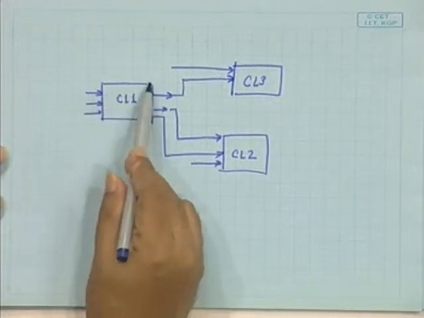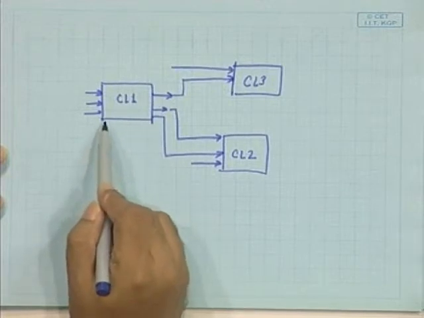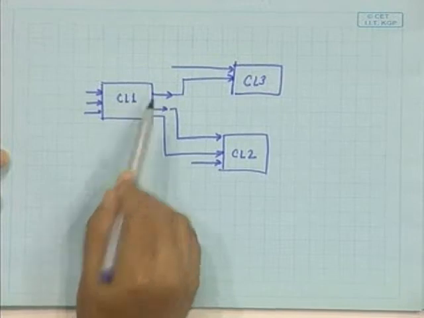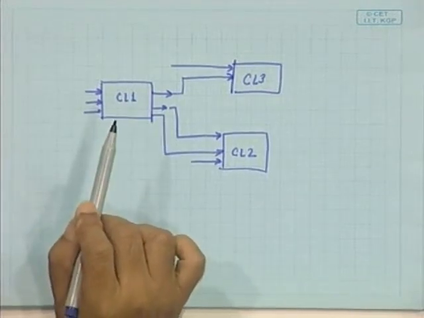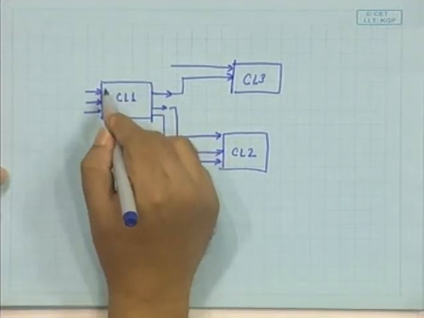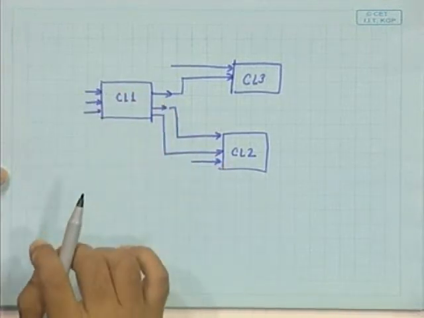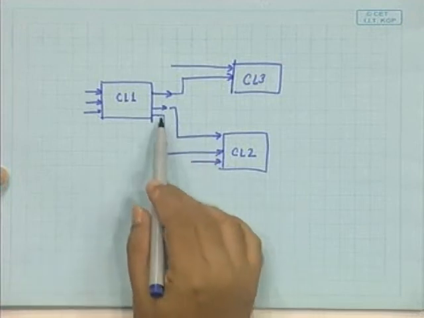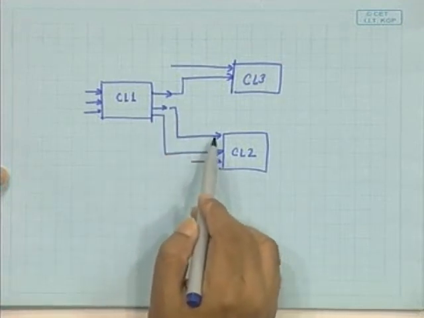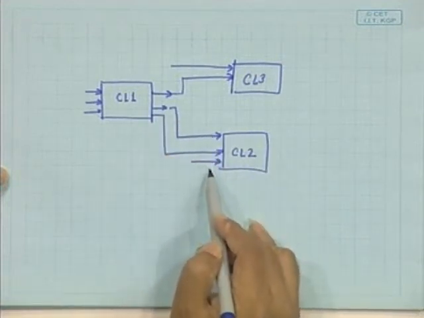Now, we say that we treat this as a single unit. So, we will not propagate events within this combinational logic, we will treat this as a single compiled code. Given the inputs, we will find out the outputs. Then we will see whether any of the outputs of CL2 is changing.